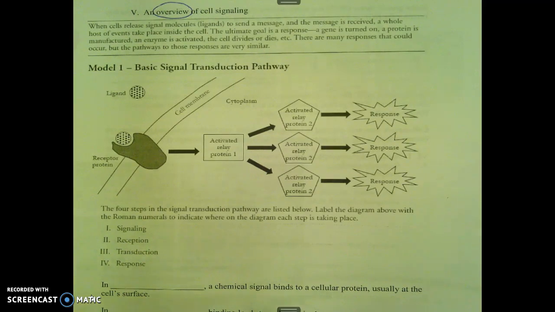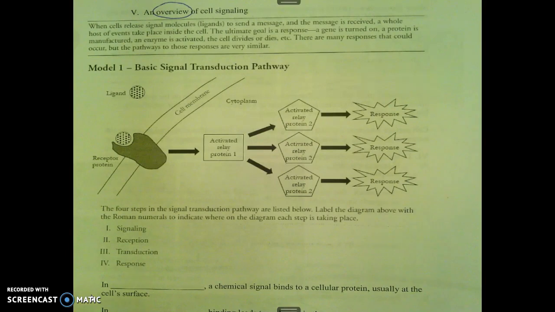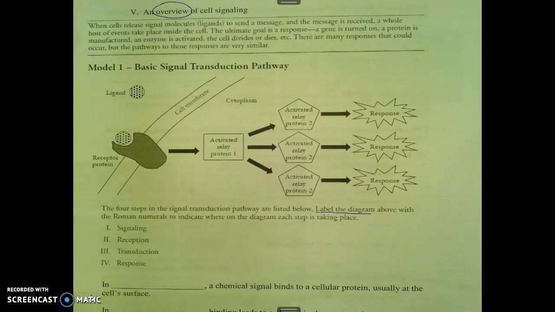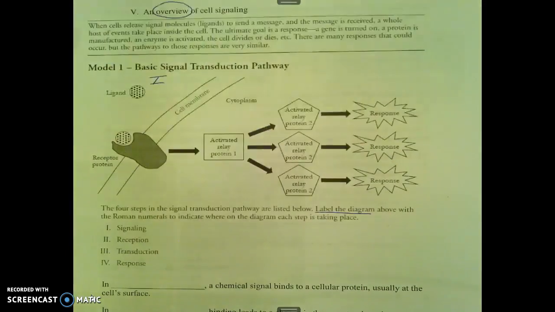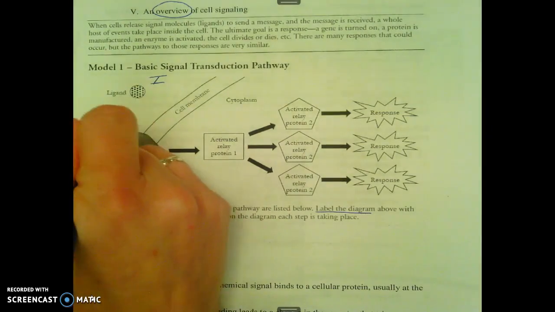Take a minute using those Roman numerals and find those events up in the picture, please. Pause the video here. You should recognize that signaling will be associated with the signal molecule or the ligand. Reception requires a properly shaped receptor protein, shown here.